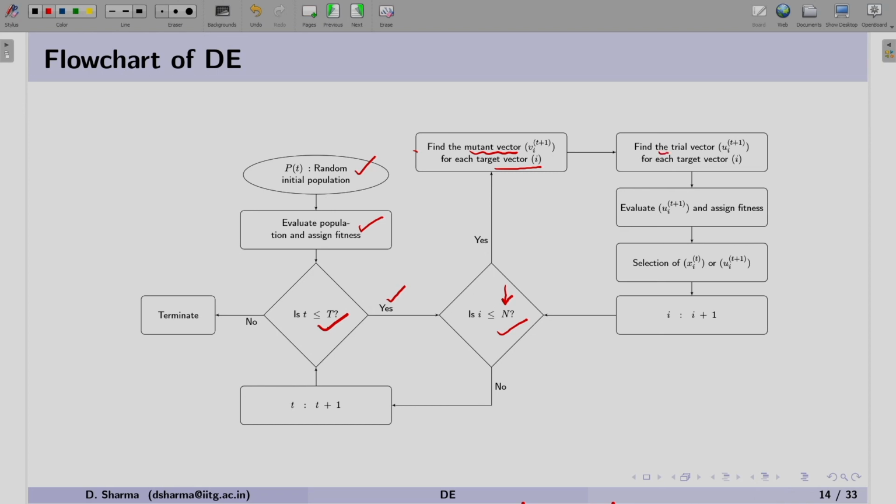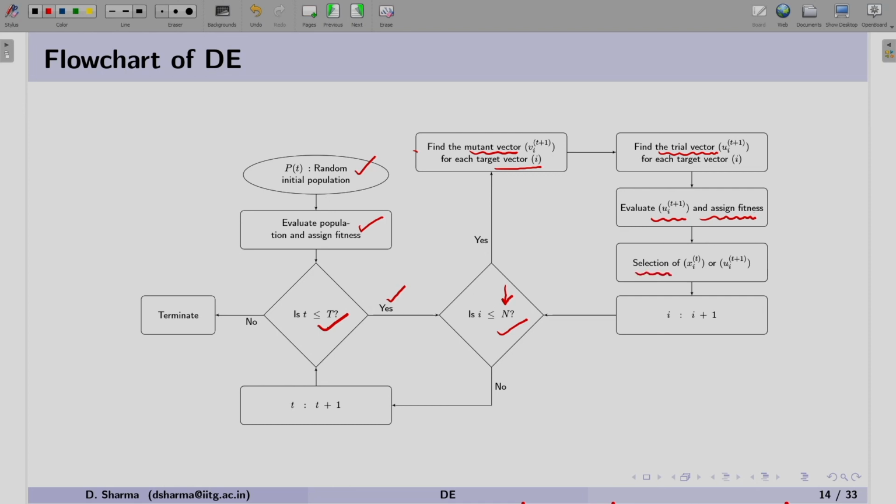Thereafter, we are going to find a trial vector U i t plus 1 using the target as well as the mutant vector. Since this trial vector can be a new one, we have to evaluate it and assign a fitness to our trial vector.